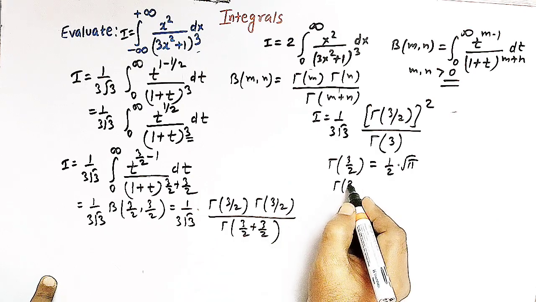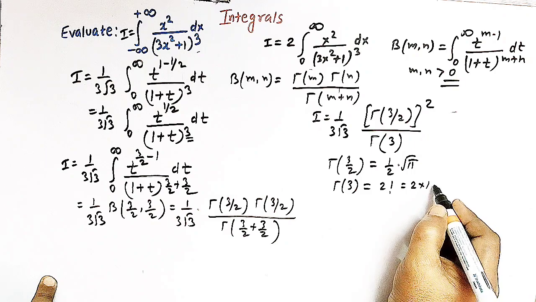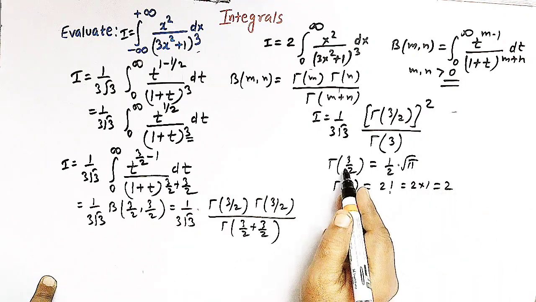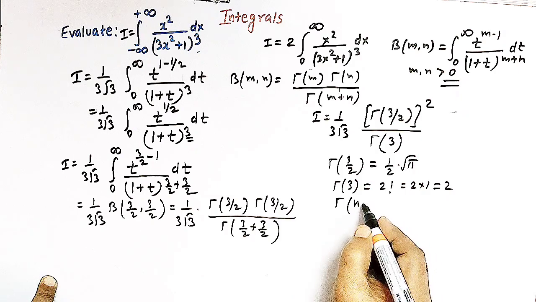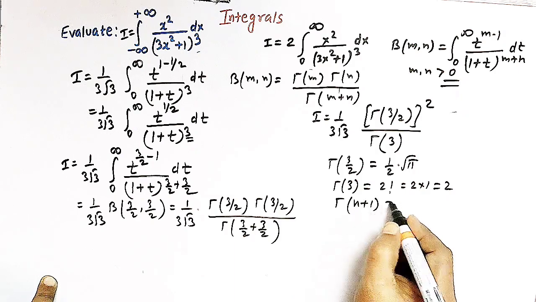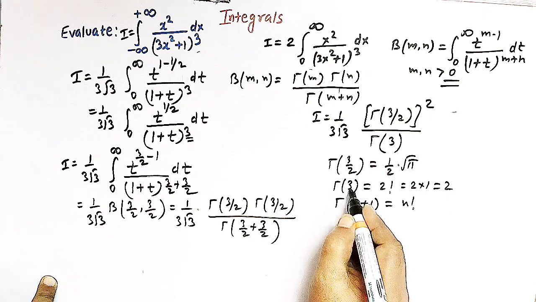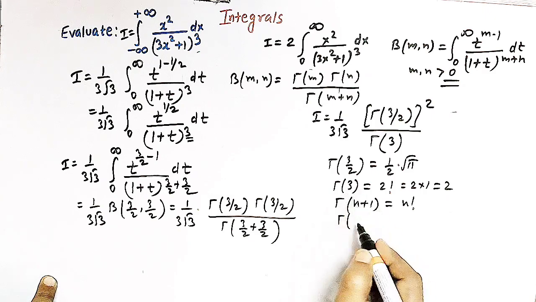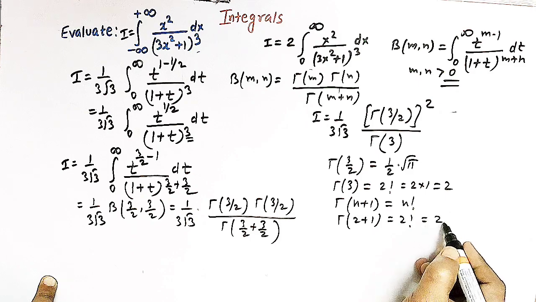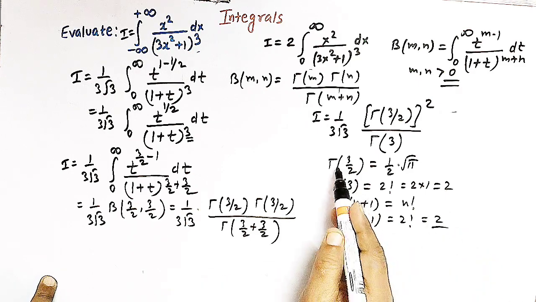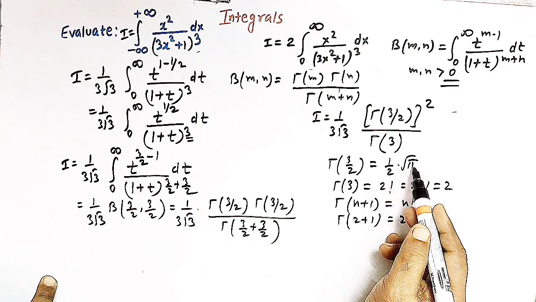And gamma 3 can be written as 2 factorial, that is 2 times 1 is equal to 2. So here we have used this result, that is gamma n plus 1 is equal to n factorial, right? So gamma 3 can be written as gamma of 2 plus 1, that is equal to 2 factorial, that is 2, right? And gamma 3 by 2 is equal to half times square root of pi.